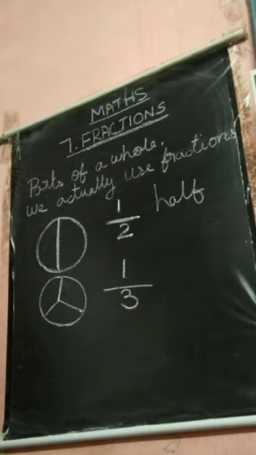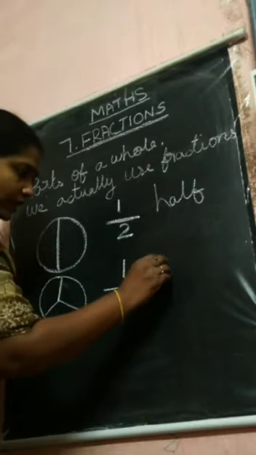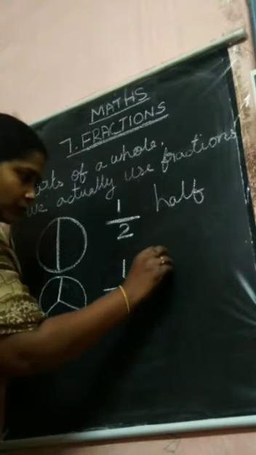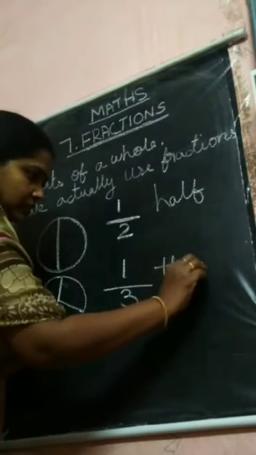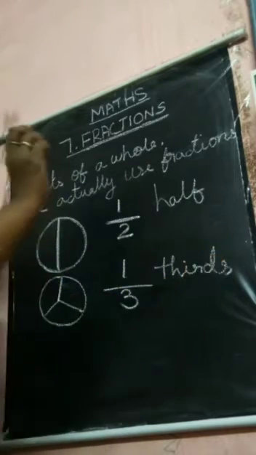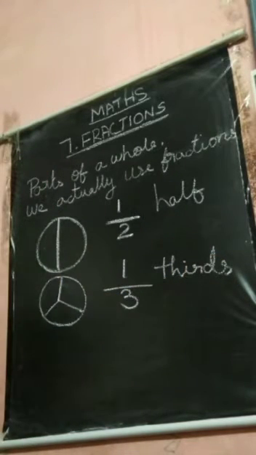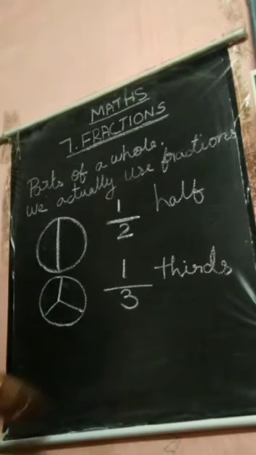One part is 1/3. Otherwise you write it as third. 1/3 of the pizza.